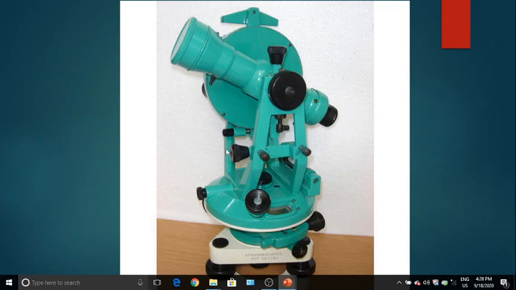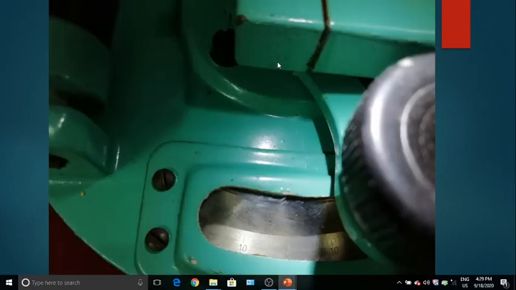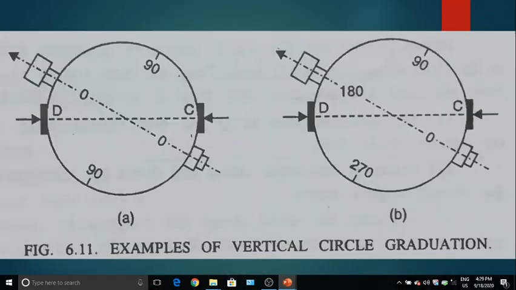But when you rotate this vertical tangent screw, a slight movement is possible. But this works only when the vertical clamp is fixed. Okay, we'll continue with our procedure.